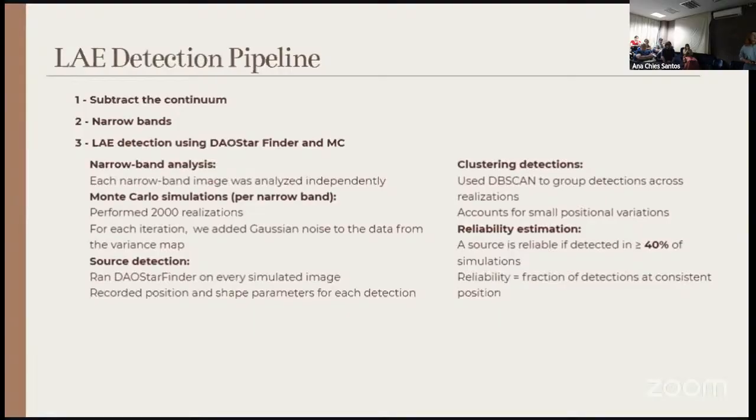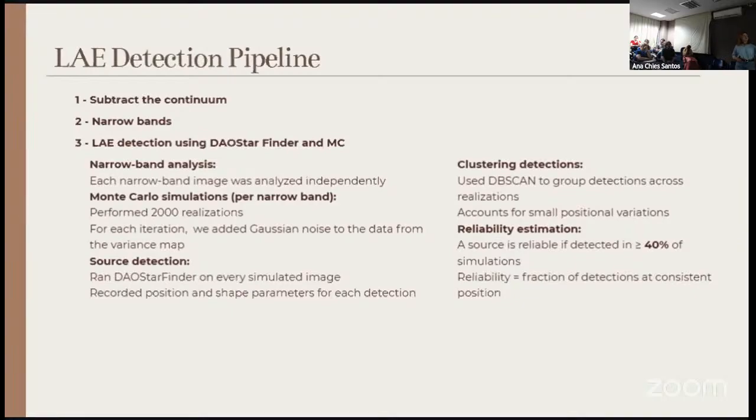Then we run a well-known Python code, DAOStarFinder, to find the small Lyman-α emission in all these pseudo narrow band images.